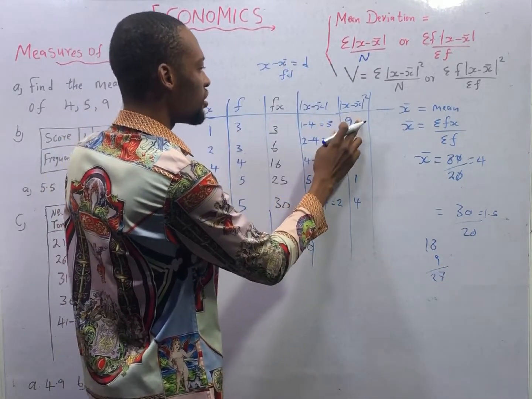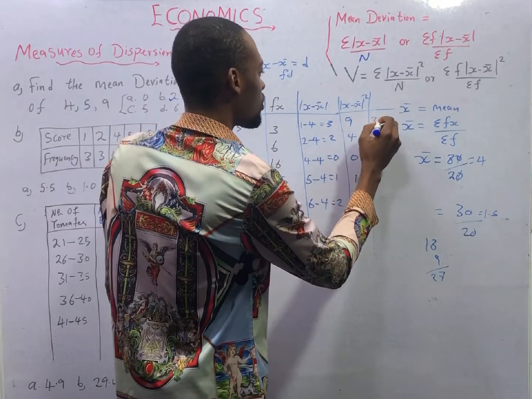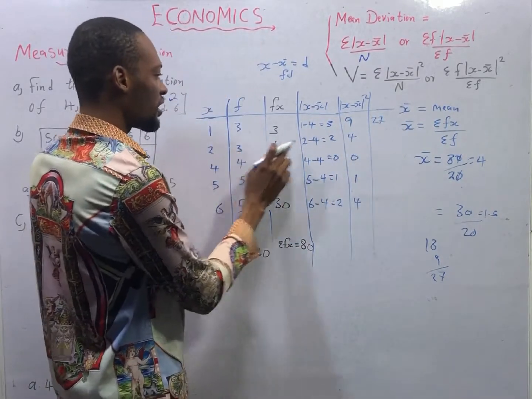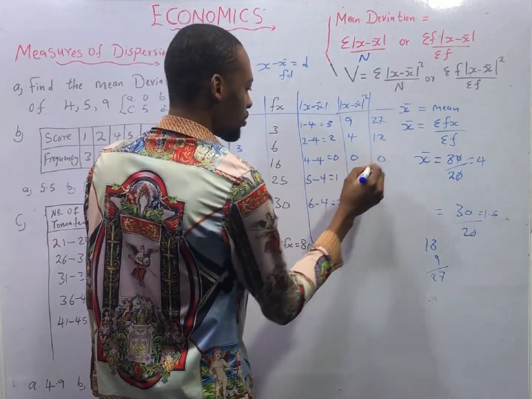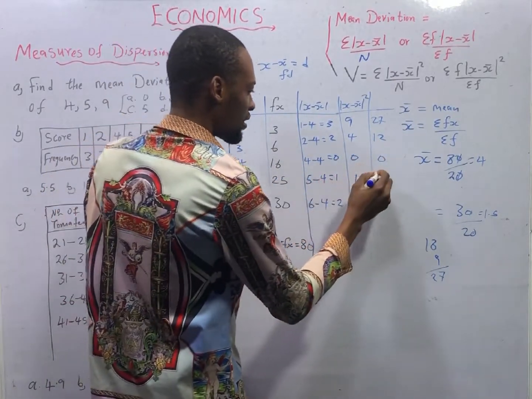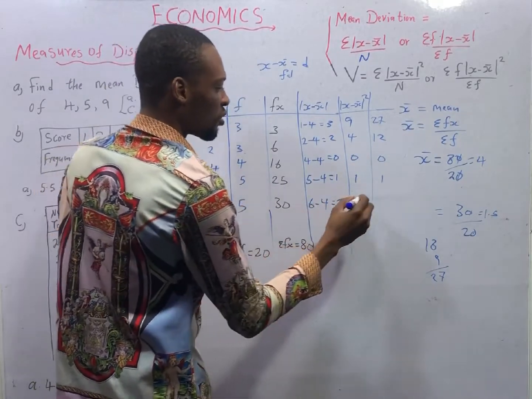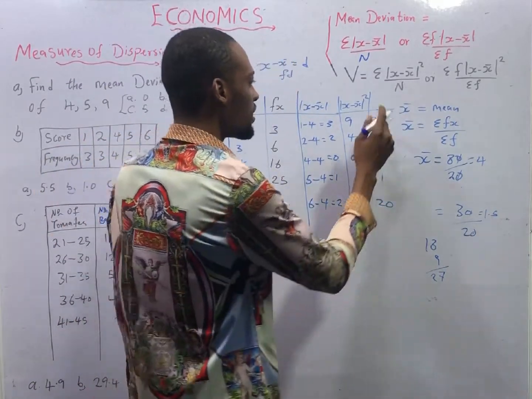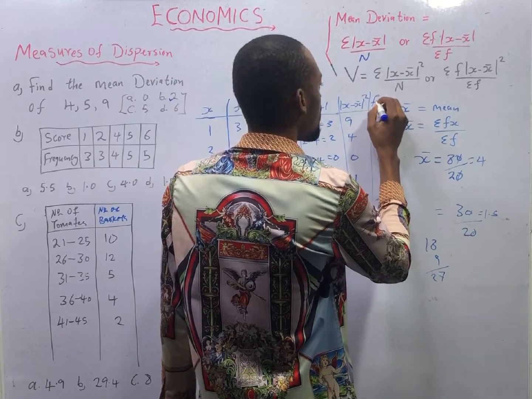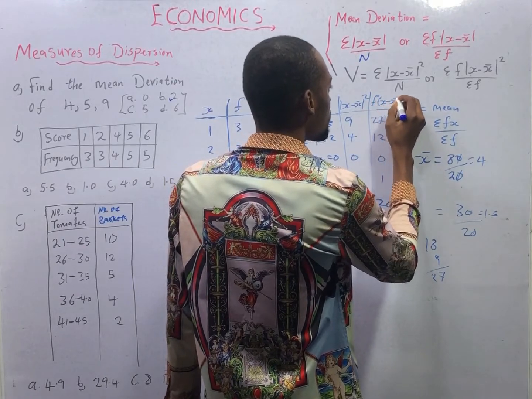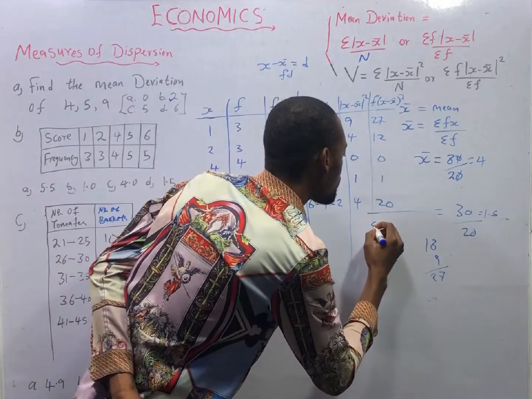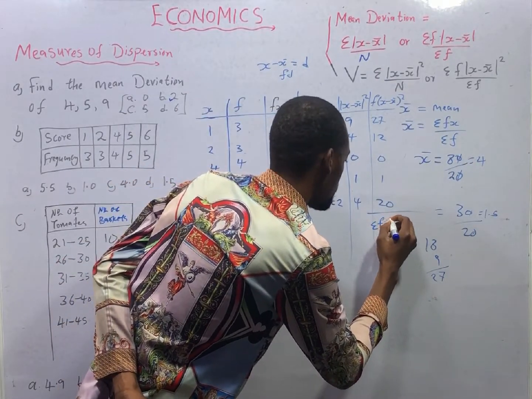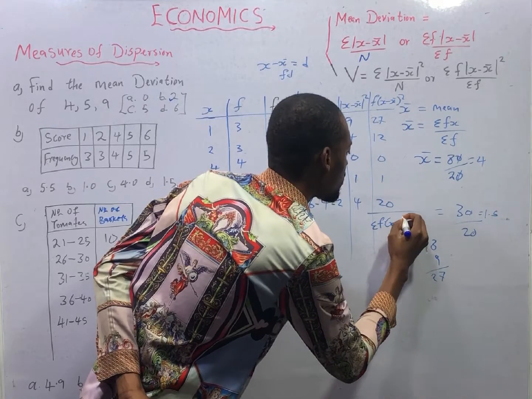F D squared. 3 times 9, 27. 3 times 4, 12. 4 times 0 is 0. 5 times 1, 5. 5 times 4 is 20. So here is now F times S minus S bar squared. So adding everything will be the summation of F times S minus S bar squared.